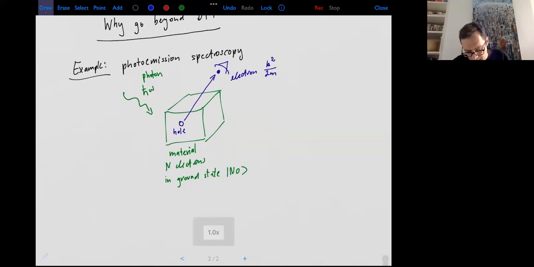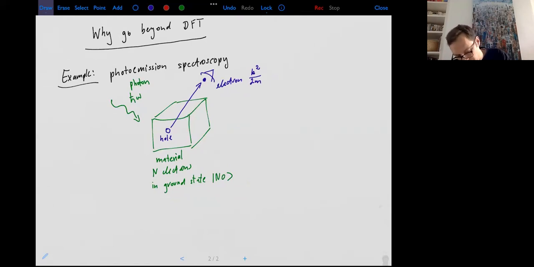So the idea is that we'll use energy conservation. What that means is that the energy before the photon interacts with the material must be the same as the energy of everything after it has interacted with the material.